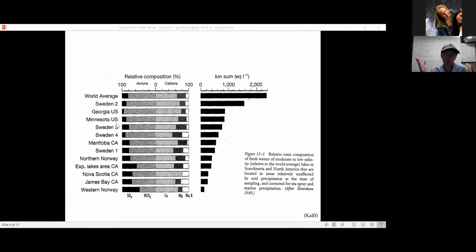So this is a graph reading thing, but this is also an important factoid. So what's the dominant anion and what's its approximate percentage?